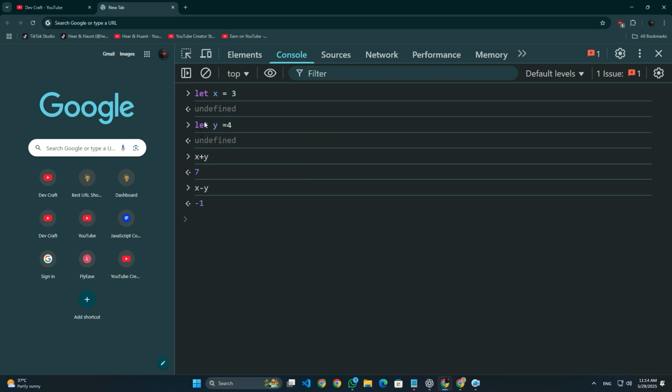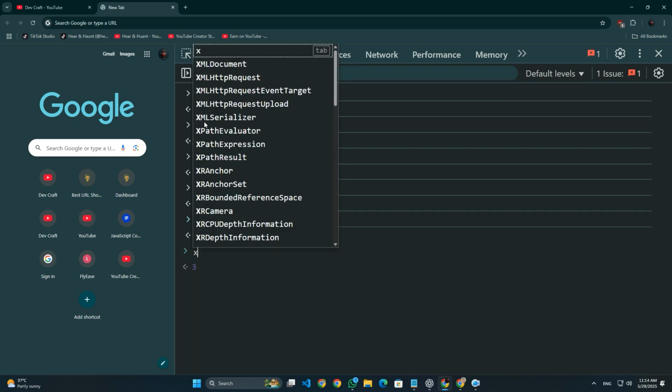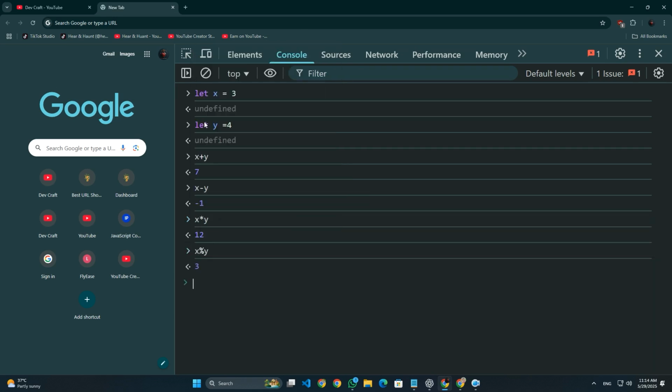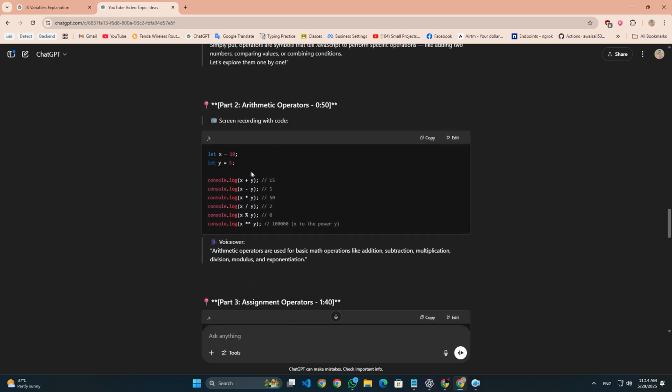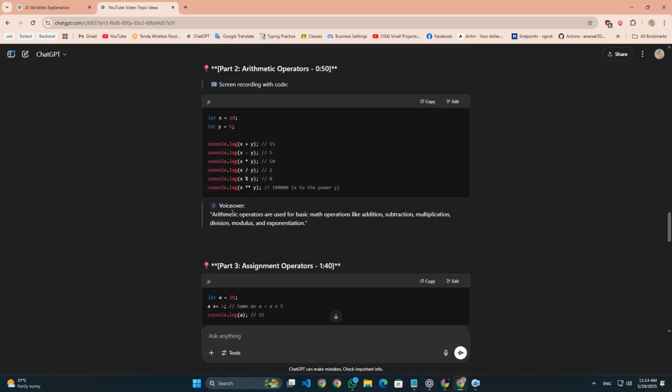If I write x multiplied by y, if I write x modulus y, we can do all the things with a variable. These are the examples of all the variables that come from ChatGPT, which it gives us about this.